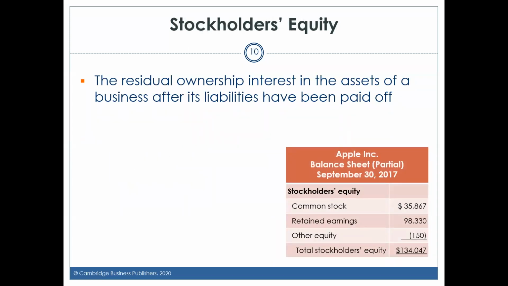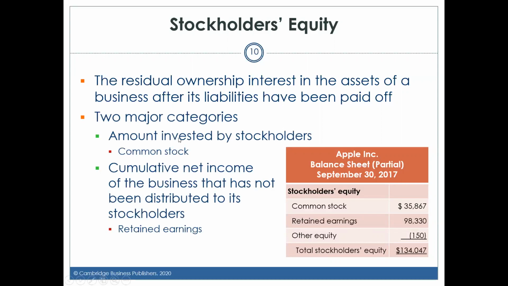Stockholders' equity, you know all this already. It's the leftover ownership interest in the assets of a company after all of its liabilities have been paid off. It's equal to assets minus liabilities. It's what the shareholders get if the company goes bankrupt and they liquidate the company, they sell off all the assets, they pay off all the liabilities, and any money left over after paying off all the liabilities, that's the money that the shareholders get, stockholders' equity.